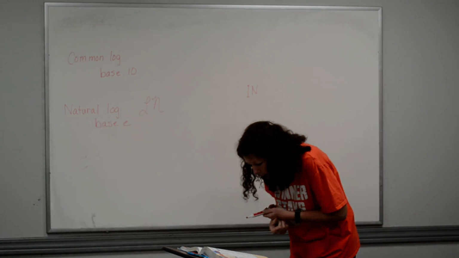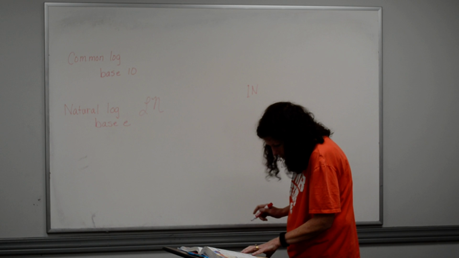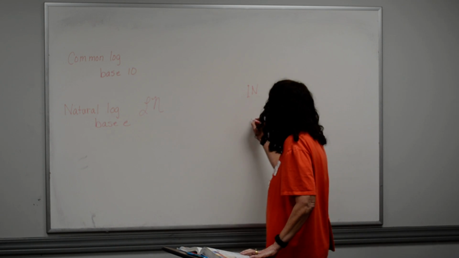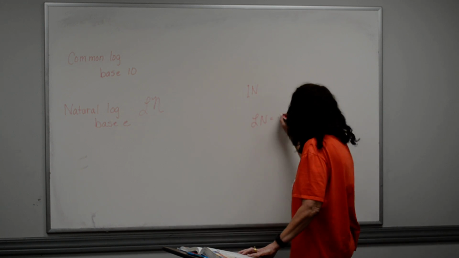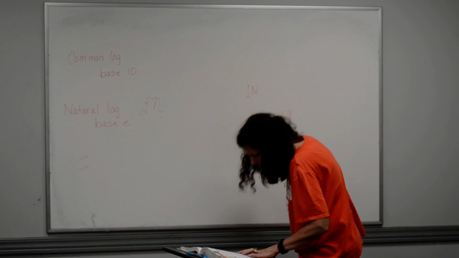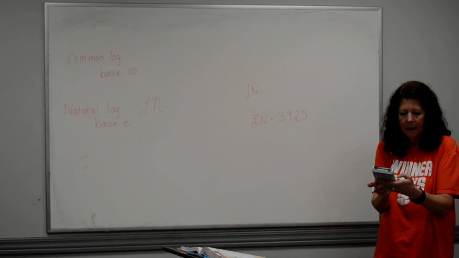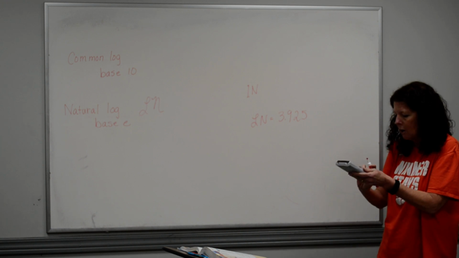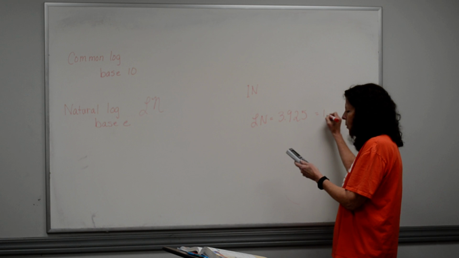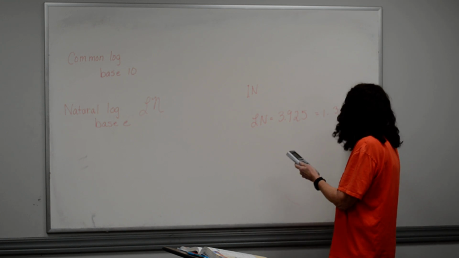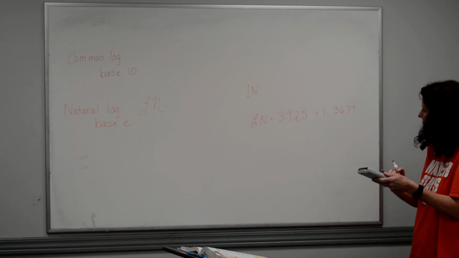So, if I were to ask you, using the calculator, to find the natural log of 3.925, that literally just means I'm taking my calculator, I'm hitting the natural log of 3.925, and I'm going to get 1.3674 when I round it off, just by calculator use.